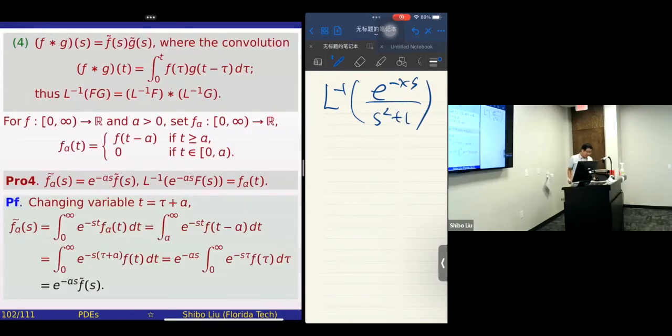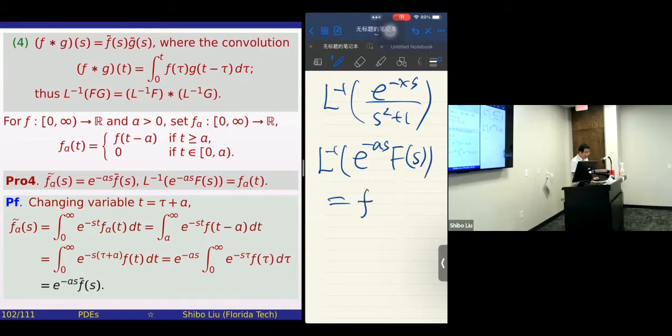From this proposition, we know that L inverse of the exponential of minus as times capital F(s) equals the inverse transform of capital F, that is small f, evaluated at t minus a.